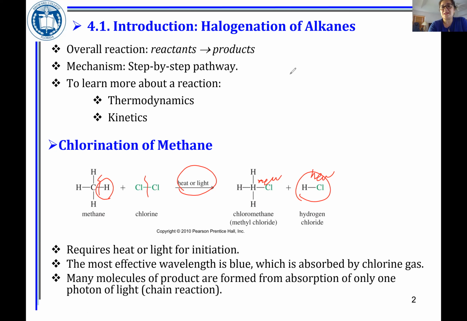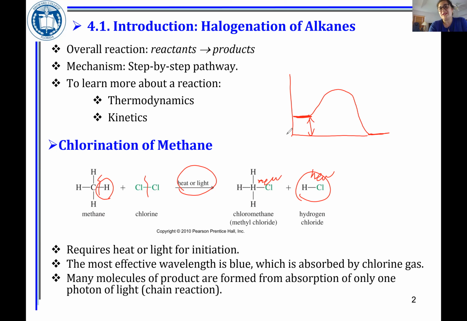Then you have an exothermic type reaction. If your reactants start with this level of energy, and then the products go down, the amount of energy released is the difference in the energy of the reactants and products. That is going to give you an exothermic reaction.